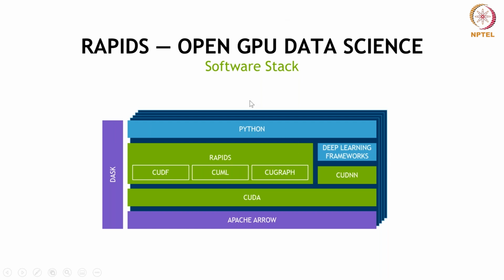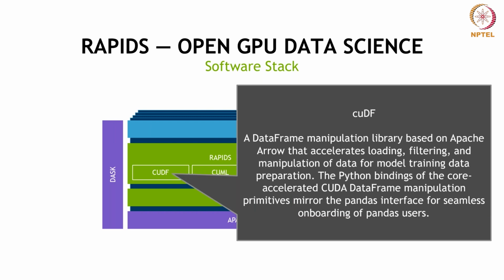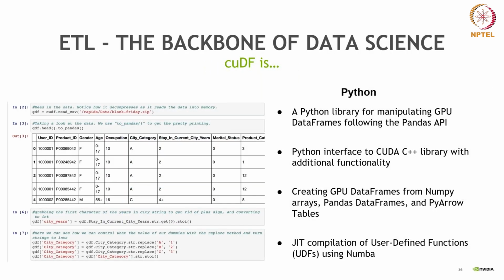So Rapids, again, let's move ahead from DASK. Now we move towards cuDF. cuDF is a data manipulation library, which we just saw some time back with an example. It is actually a C++ library, but having Python bindings, and it is used for manipulation of your structured data. So the backbone of data science, as we said some time back, is cuDF. We are going to go into more details of cuDF in the next section, but it is a Python library.